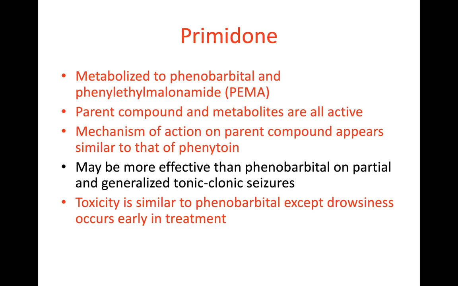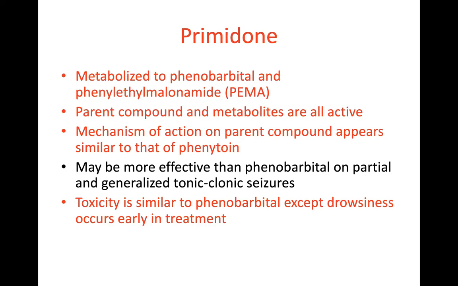And another compound that is formed is called PEMA, which is phenylethylmalonamide. Primidone makes these metabolites; both the parent compound and the metabolites are all active. And these actions seem to be sort of a combination between phenytoin and phenobarbital.